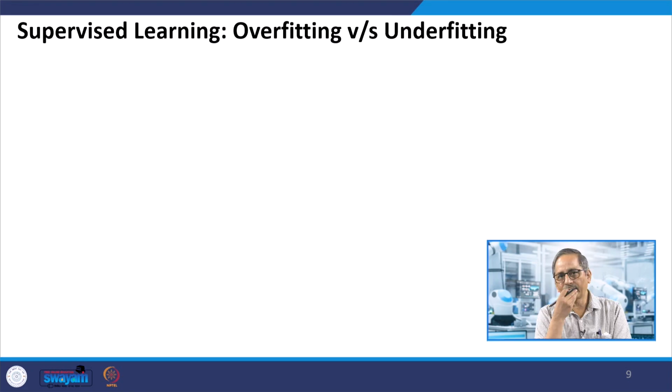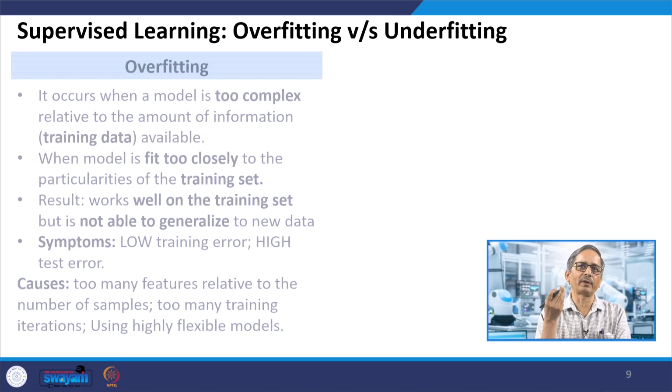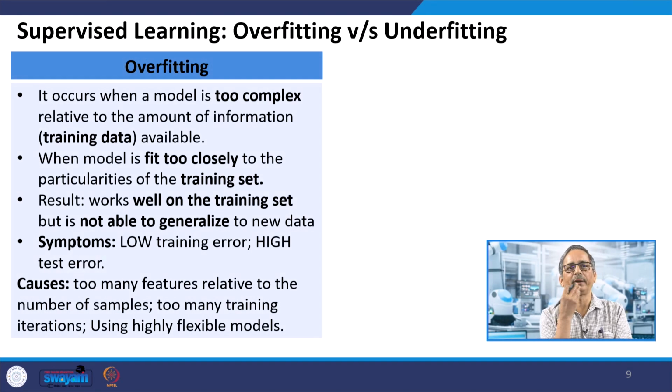Next, there is a concept of overfitting and underfitting in supervised learning. What is overfitting? We always try to build a model based on the data.